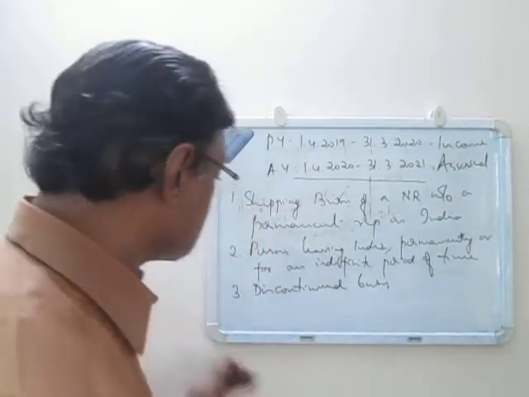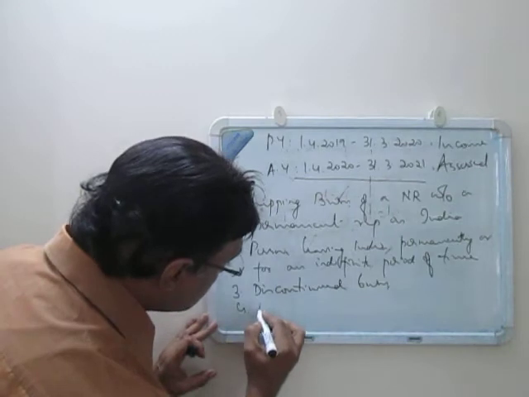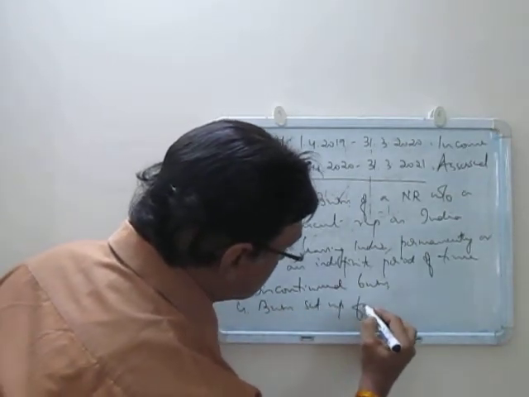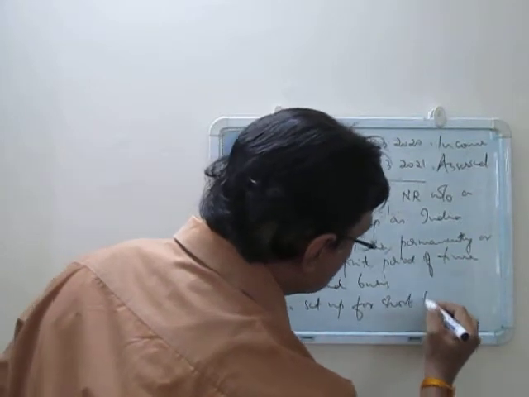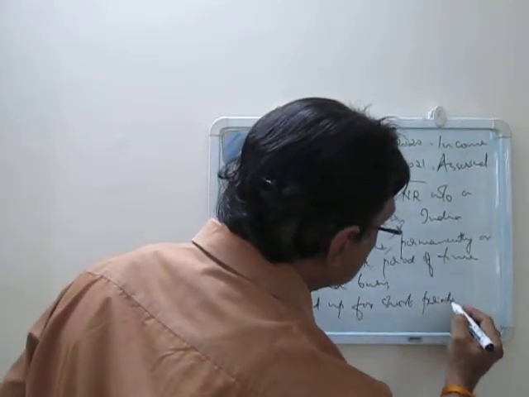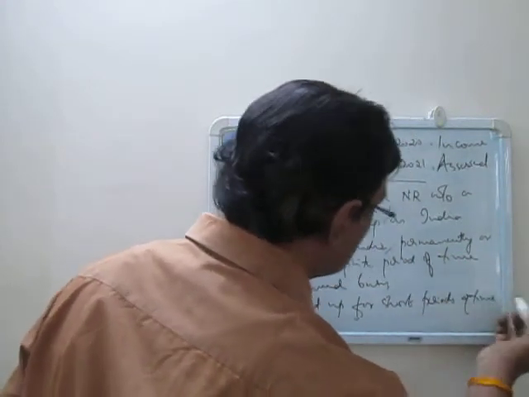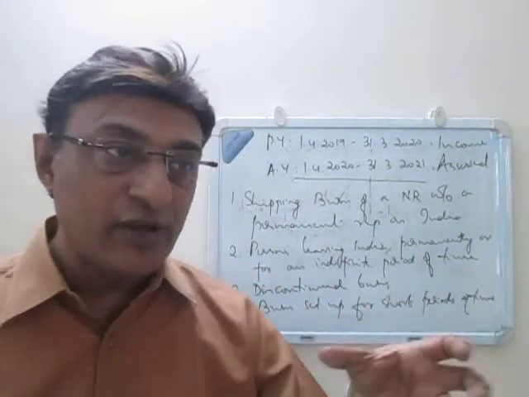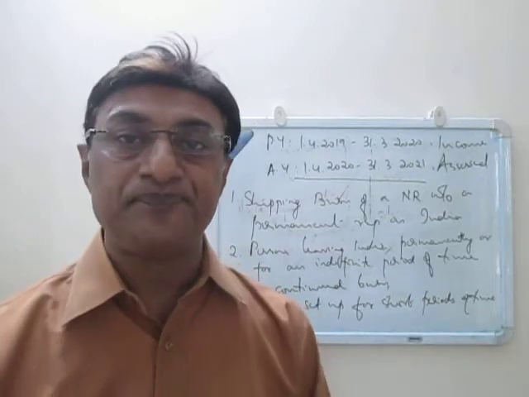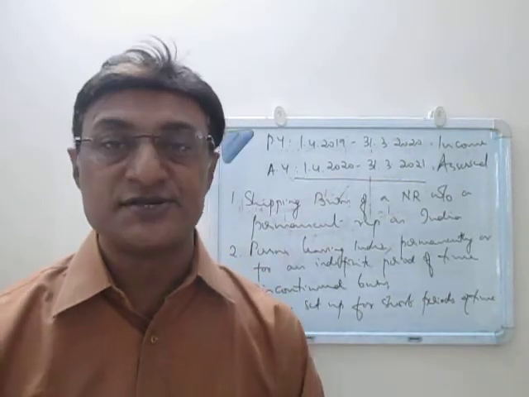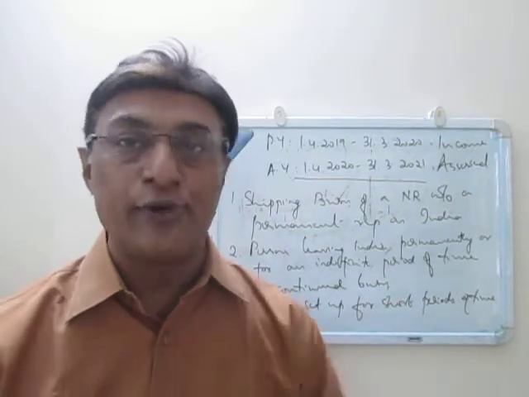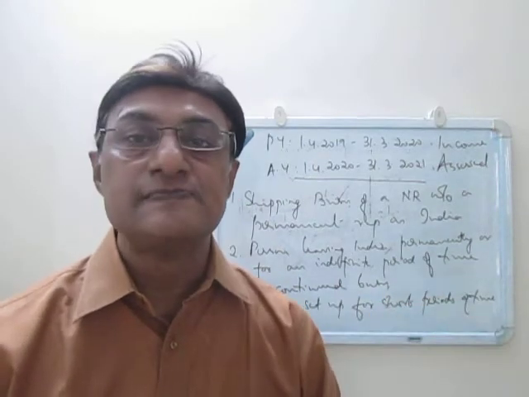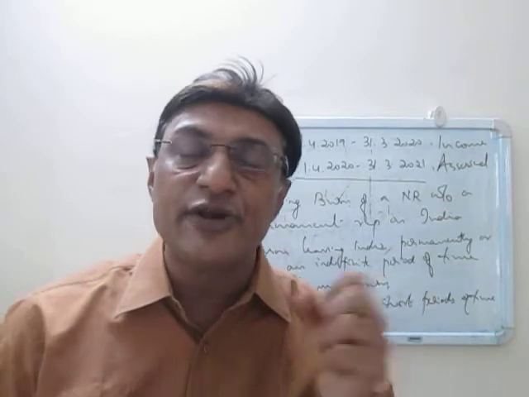The fourth is the case of businesses which are set up for short periods of time. A business which is set up only for a period of 8 months, 7 months, 4 months, a joint venture, a collaboration, an exhibition, a circus, anything which is set up only for a short period of time.